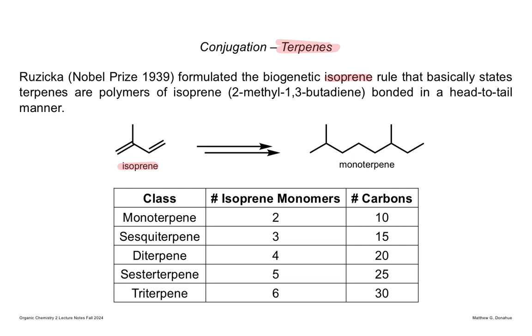So it's 2-methyl-1,3-butadiene. And it states that terpenes are polymers. So any polymer majors in the crowd, a couple polymer majors. So isoprene is a monomer. And when it starts bonding to itself, it makes these polymers.